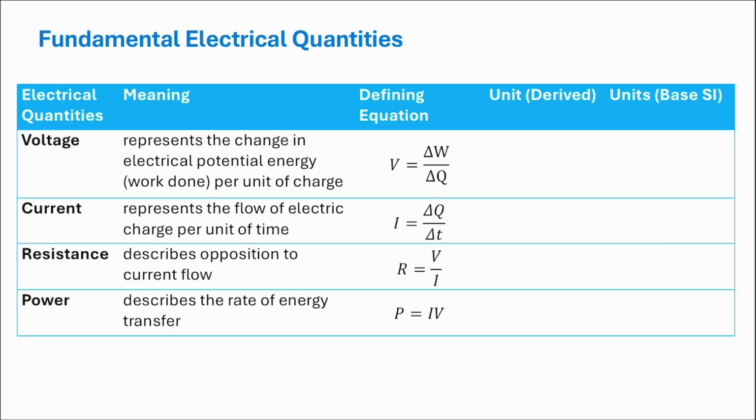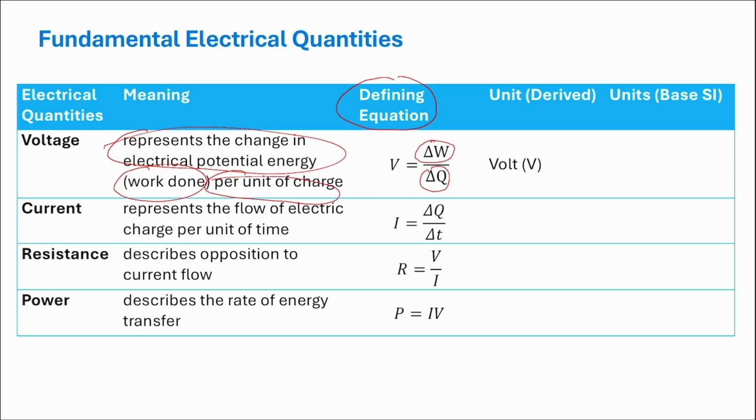Let's look at some fundamental electrical quantities. Voltage represents the change in electrical potential energy or work done per unit charge. So the defining equation, the equation which defines voltage, is V equal to delta W, the change in electrical potential energy or work done, over charge.